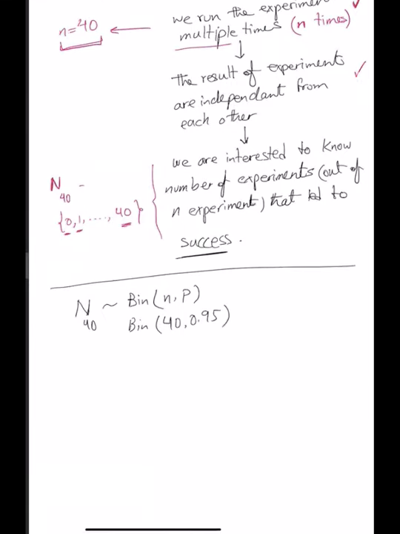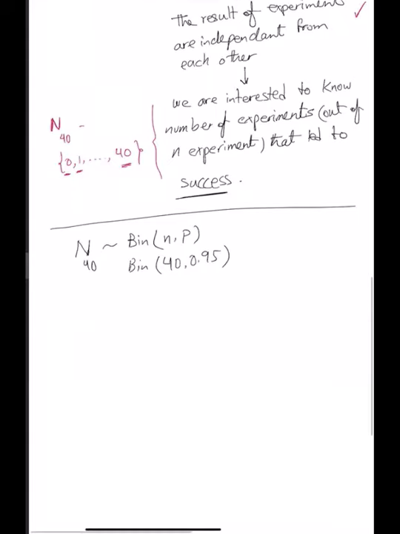Now what I'm trying to find in part B? On average, how many of the first 40 records will be correct? What am I trying to find? The expected value. Exactly.